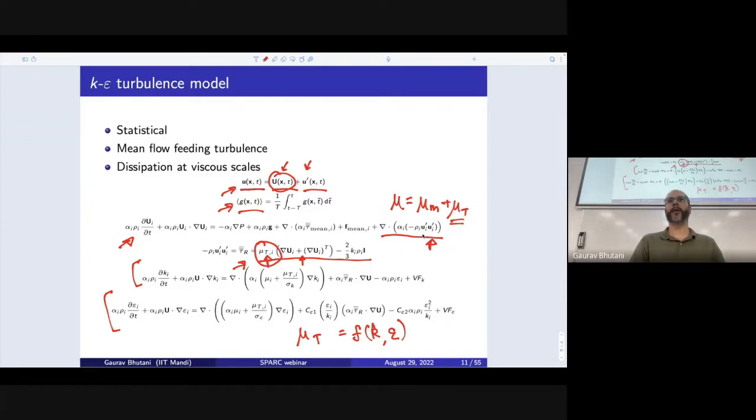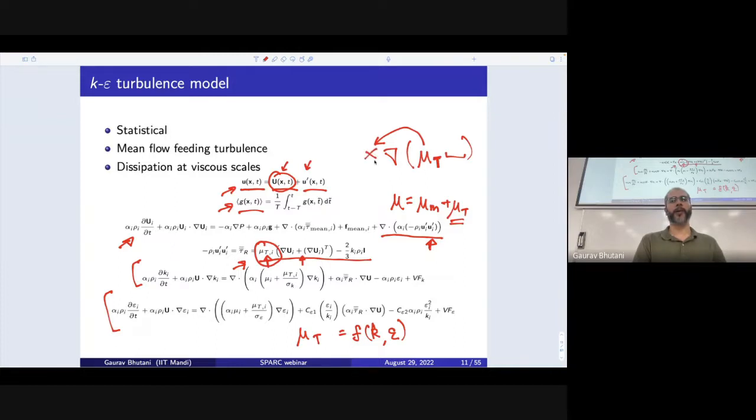And this has numerical importance because when we solve the equations, we have in some cases, as we might see today, a gradient operator, and inside that we have molecular viscosity times something. So earlier we used to take this out because it is not a function of space. But now since you have a turbulent viscosity here, you cannot take it out.